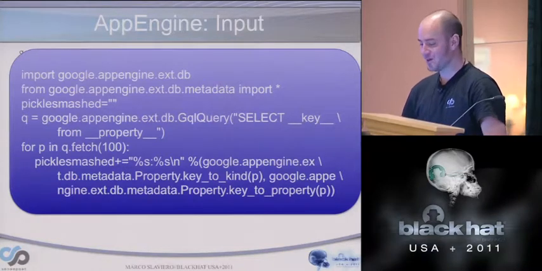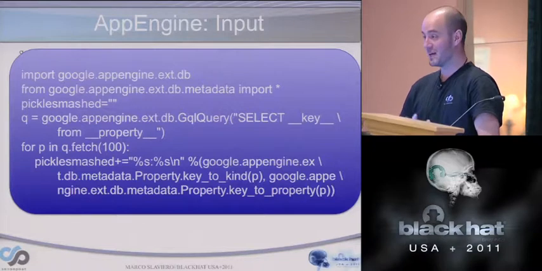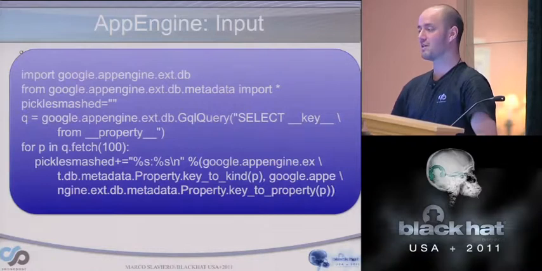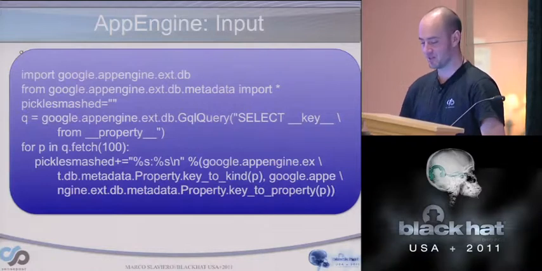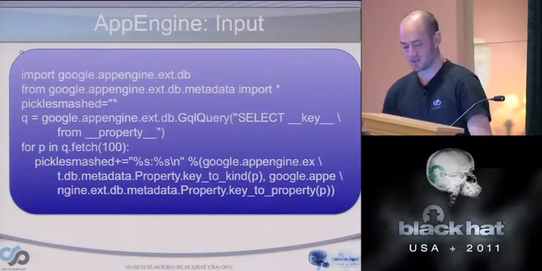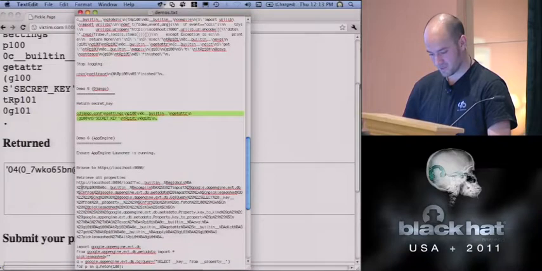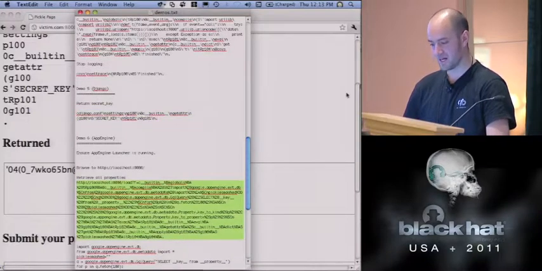So what we can do is query the data store and pull out all the types of data items. So the first step is to find out what kind of things are stored in the database, and we can do that with this query against an App Engine application. So our shellcode to extract all the kinds of properties.